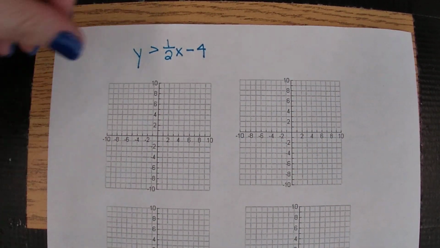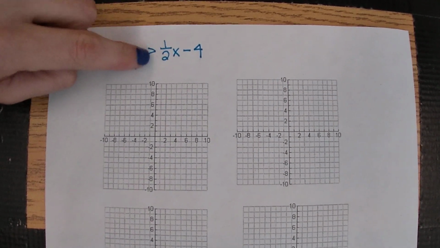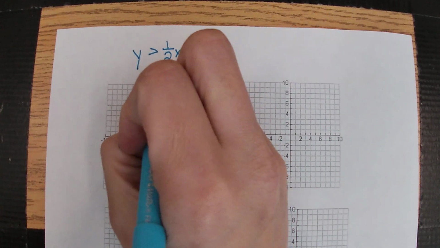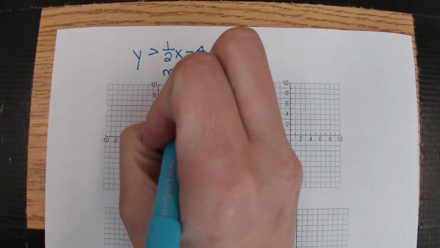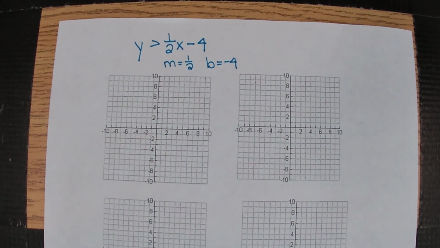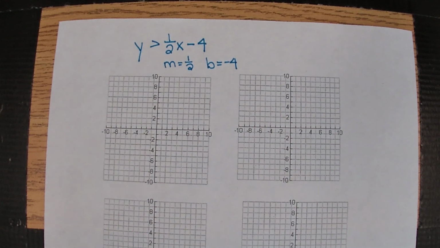We are going to start off by forgetting that this is even an inequality symbol here at all, and we're going to treat it just like an equal sign. If that was an equal sign, that tells me that m is 1/2 and b is -4, and I'm going to graph in slope-intercept form just like we've been practicing.